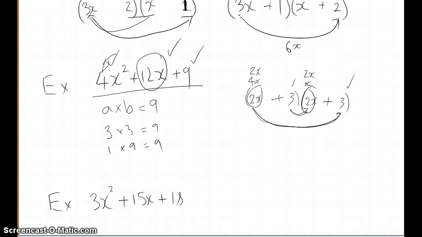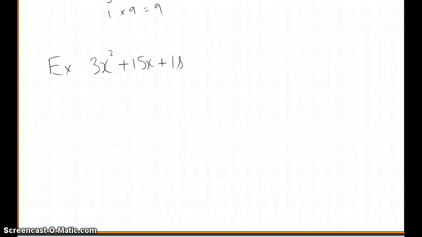Last example is this one here. Now, I put this one in here on purpose because there is a shortcut in solving this one.